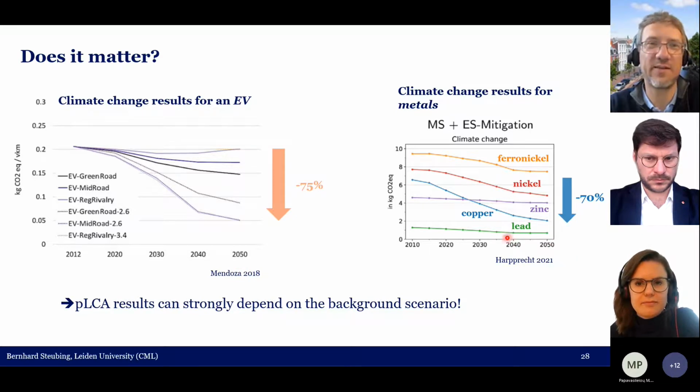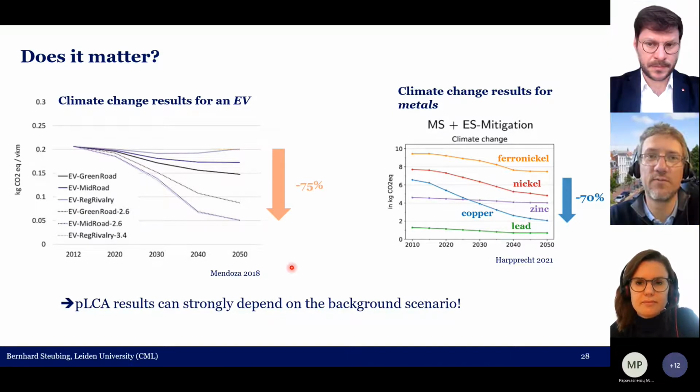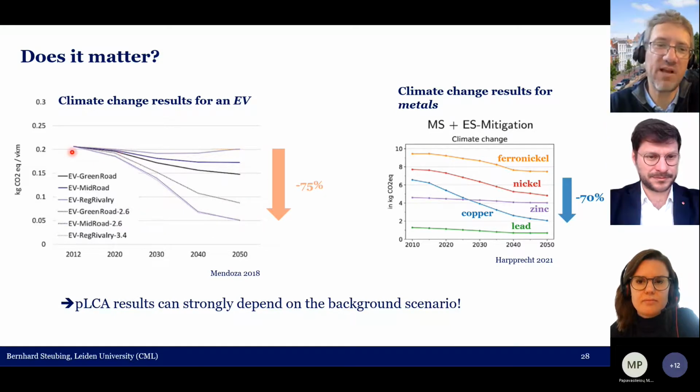But technically, yes, you can have prospective LCI databases based on IAMs until 2100. There's no issue with that. And did you also notice this impact on this 10, 15 years time horizon? That there's not such a big difference in the next. I think you can see it in this curve here maybe already.